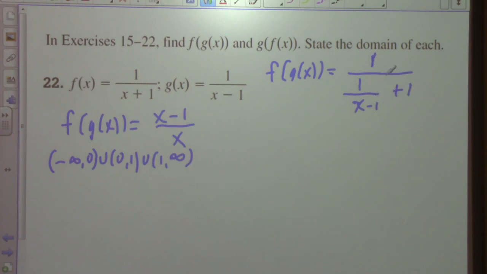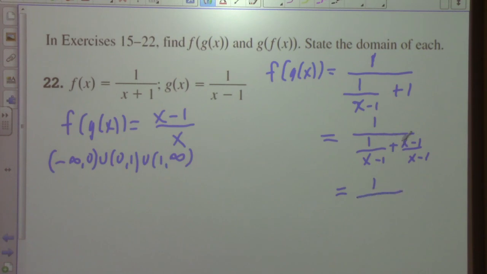So our common denominator is going to be x minus 1. So what that's going to be is 1 over x minus 1. And this thing here becomes x minus 1 over x minus 1. Do you see that? Equals 1 because it's the same. And then what you'll have is when you add all this together, you're going to get 1.